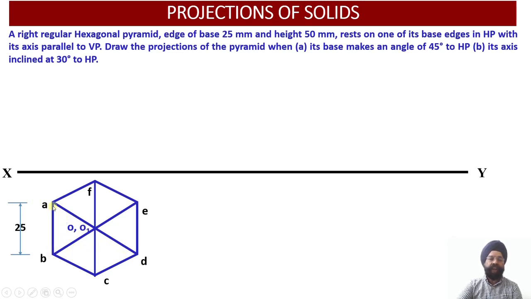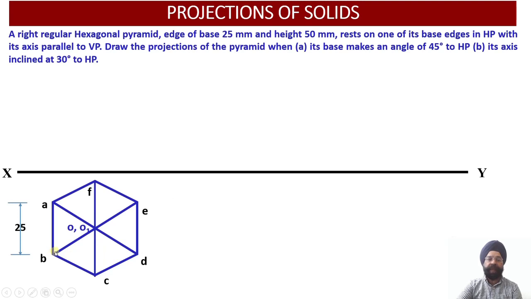Why? Because all the slant edges, that is OA, OB, OC, OD, OE and OF, all these slant edges of this hexagonal pyramid will be visible to us from the top view. So we locate the axis point for this particular hexagon while we have joined these 3 diagonals.